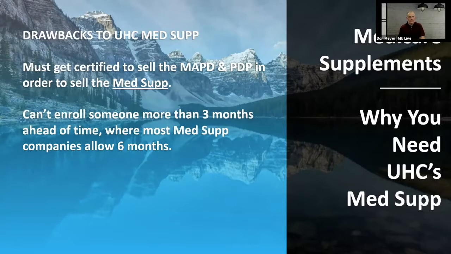Another thing that's different is that with most Medicare supplement plans, you can enroll somebody up to 6 months before they turn 65. And you might be going, how does that work? They don't even have their Medicare card yet. Yep, that's right.